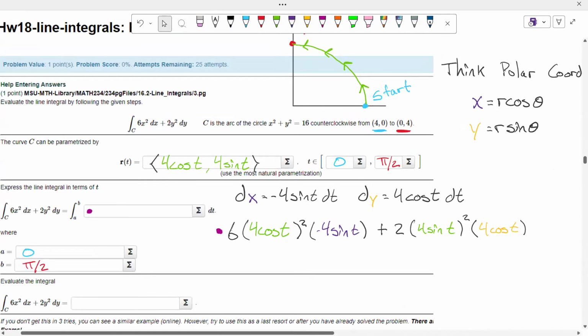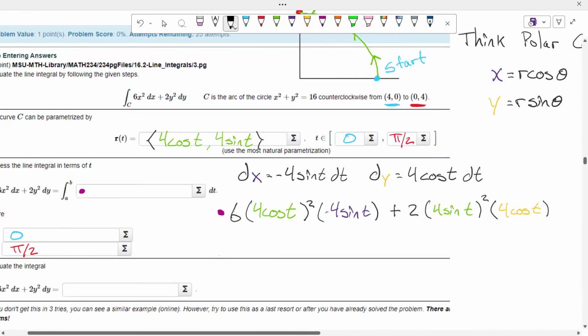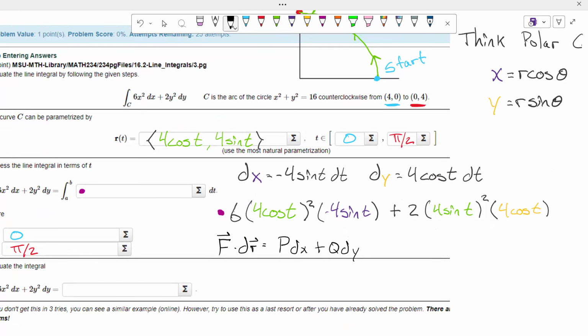But for the rest of what I was doing over here, this highlighted pink dot right here is really what f dot dr looks like, because in general, we can often express this as p dx plus q dy.